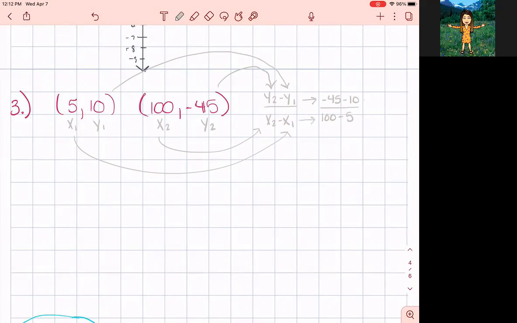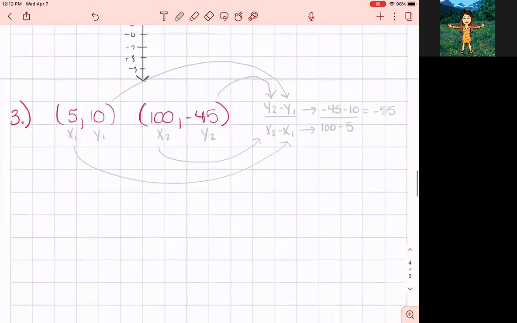Do the math up top. -45 and 10 more negatives is -55. Do the math on the bottom. 100 minus 5 is 95. So my slope, it's kind of this ugly number, negative 55 over 95.